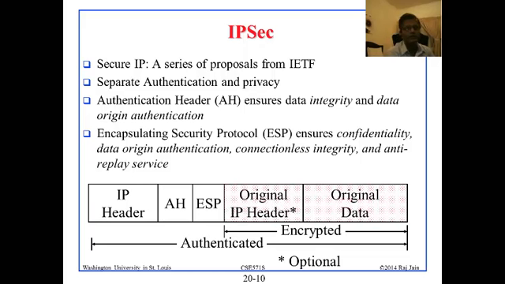You can do either one or both, and there are two alternatives. One is called the authentication header, AH, which ensures data integrity and data origin authentication. So you can be sure that nobody has changed the packet and that the packet came from the source that it says it came from.